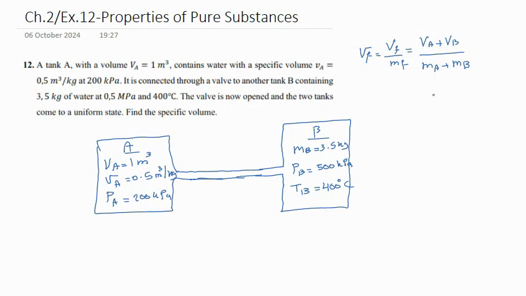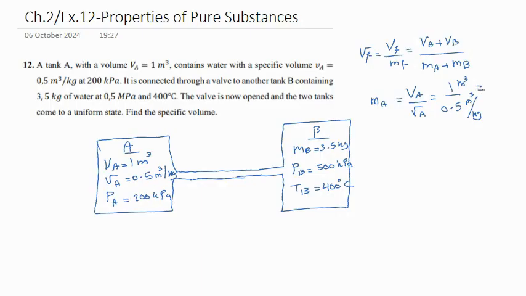So I can find mass A because we have already the volume of A and the specific volume of A. So the mass of tank A is the volume of A divided by specific volume of A. So this is 1 over 0.5. So this is meter cube over meter cube per kilogram.